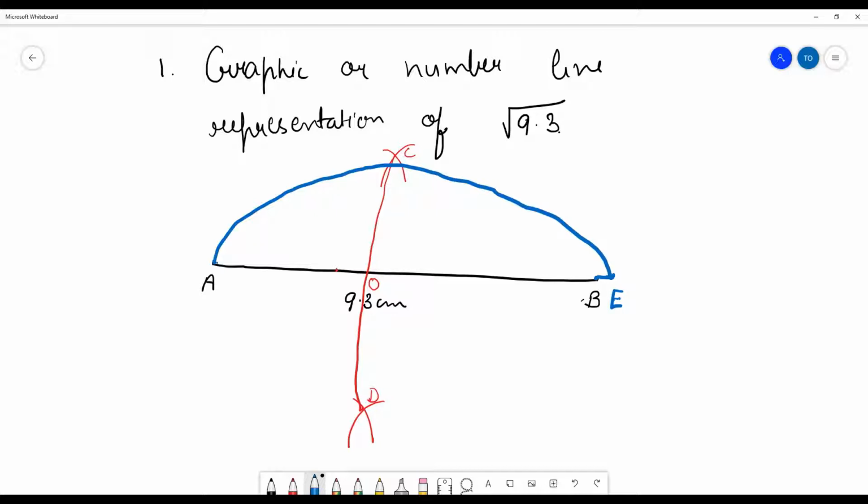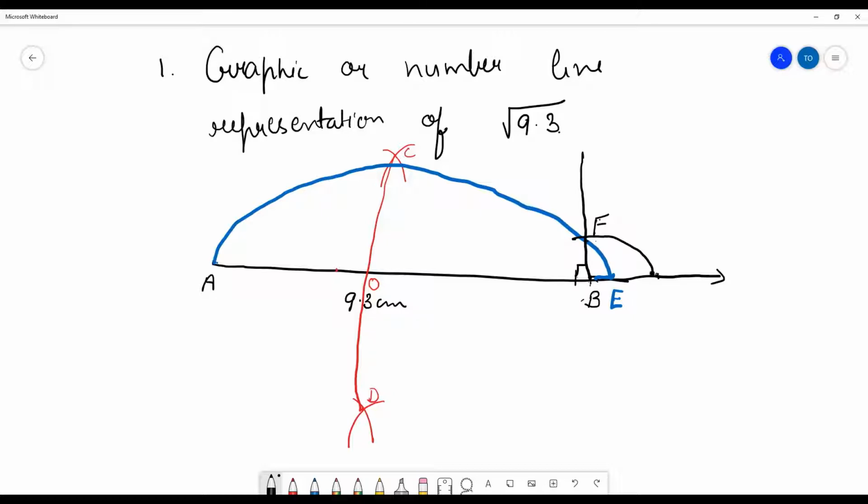Now we will make a straight perpendicular line here. And with this radius BF, we will make a curve cutting here.